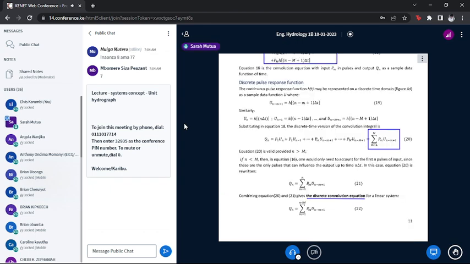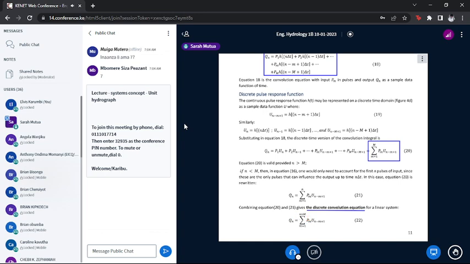So I want us to take note of this equation. You can consider this equation separately, but most importantly, I want us to take note of this equation. So what usually happens, using this discrete convolution equation, we can calculate U of n minus m plus 1, which is the unit hydrograph.